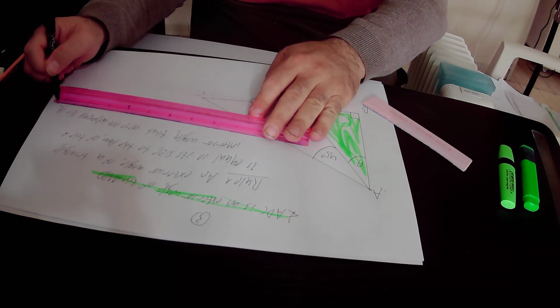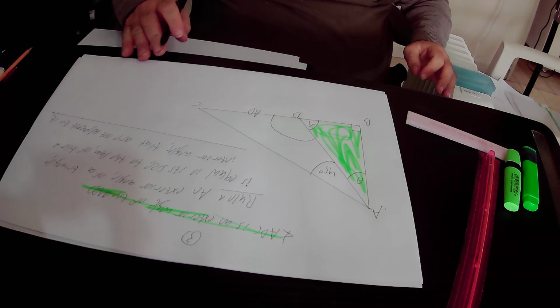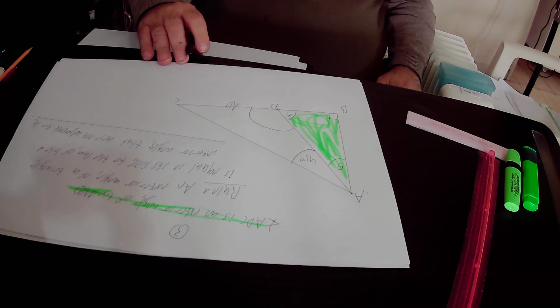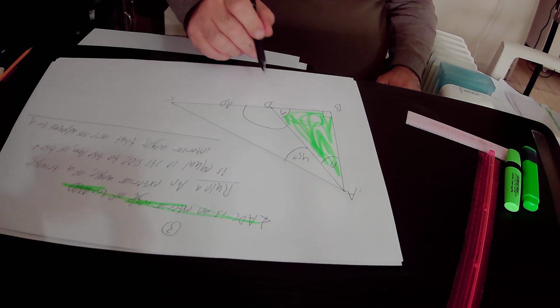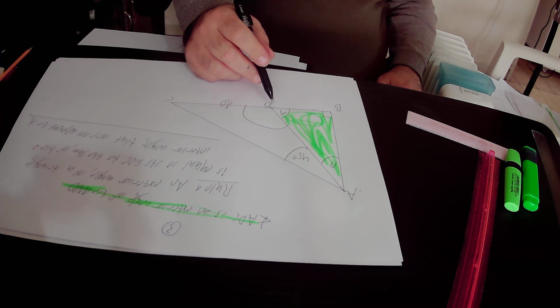So I read rule number 1 again. According to rule number 1, an exterior angle of a triangle is equal in size to the sum of the two interior angles that are not adjacent to it. So here, the size of this exterior angle ADC will be equal to the sum of the two interior angles that are not adjacent to it.